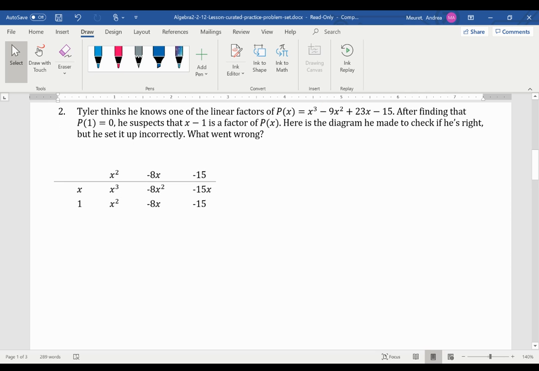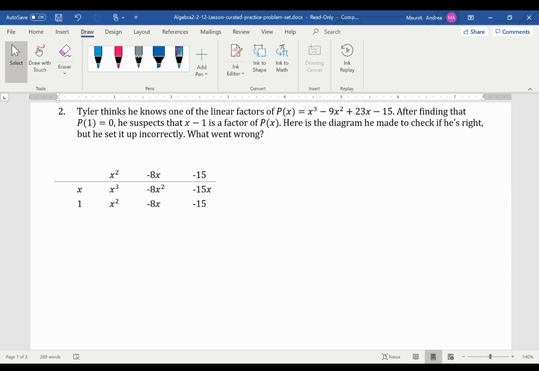Number 2 says, Tyler thinks he knows one of the linear factors of P of x equals x to the third minus 9x squared plus 23x minus 15. After finding that P of 1 equals 0, he suspects that x minus 1 is a factor of P of x.